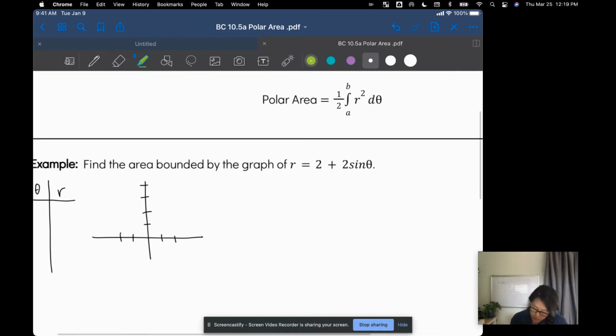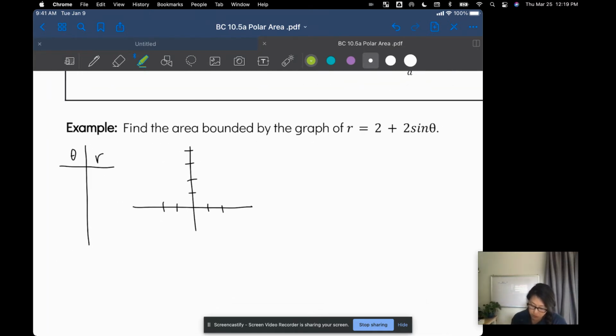We're going to start with r is equal to 2 plus 2 sine theta. So I use my detective skills to figure out that this is a cardioid, since a is equal to 2 and the stretch is also equal to 2, so 2 over 2 is equal to 1, which gives me a cardioid.